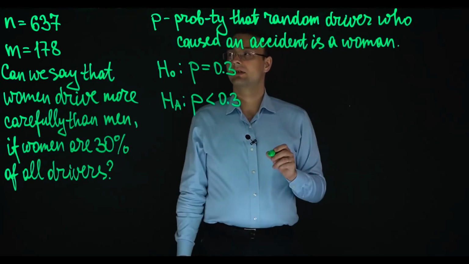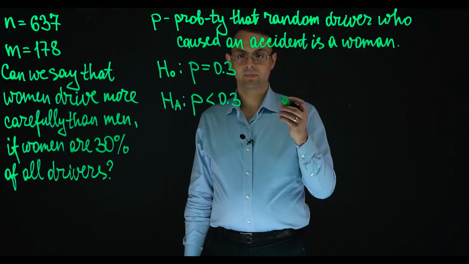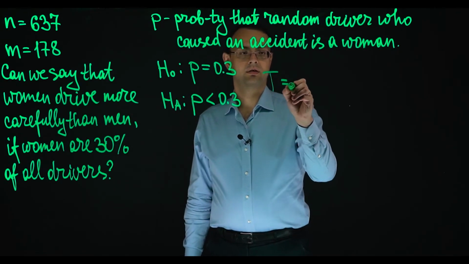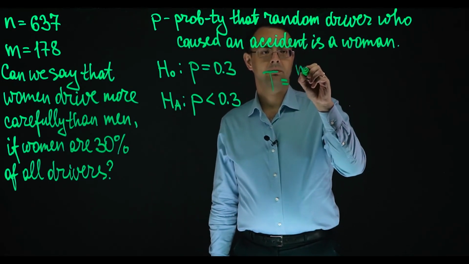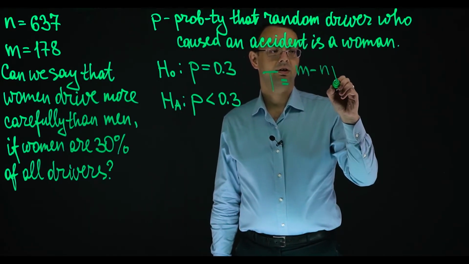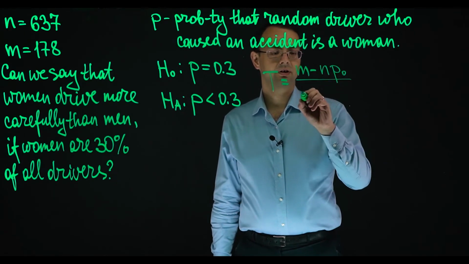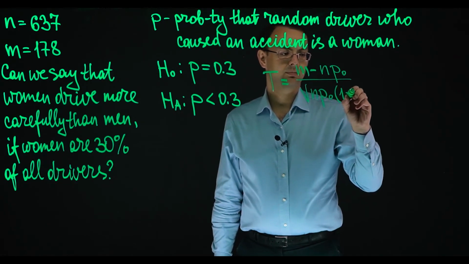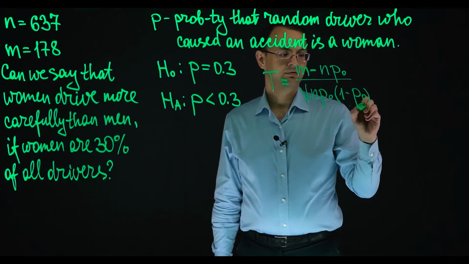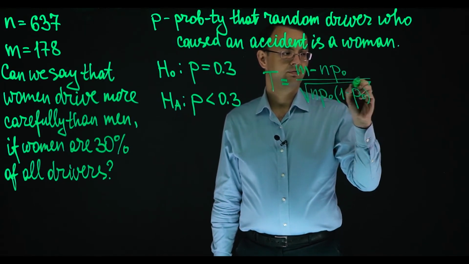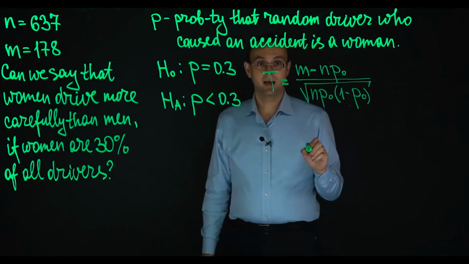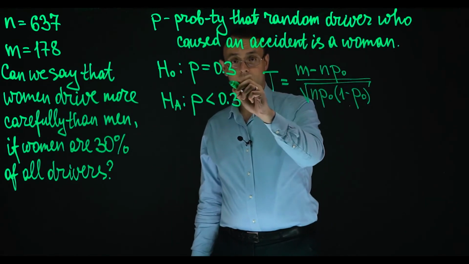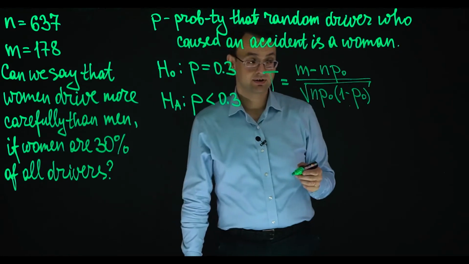So we say that the test statistic is (m minus n times p0) divided by the square root of n times p0 times (1 minus p0). So m and n are given, and p0 is 0.3. p0 is the value we see here in our hypothesis.